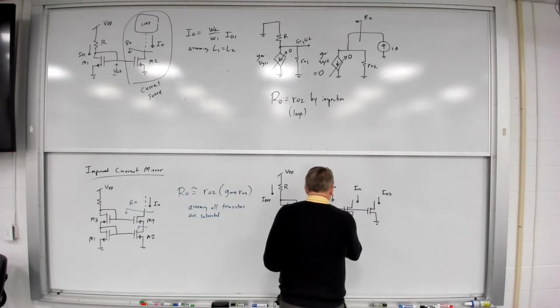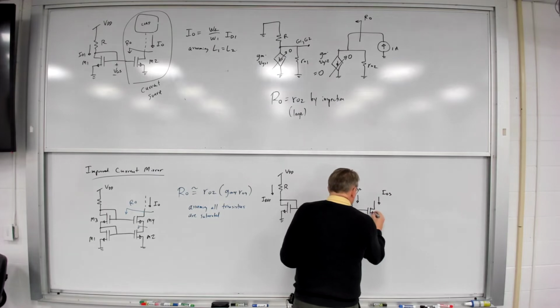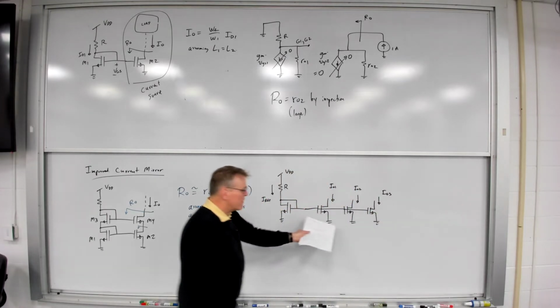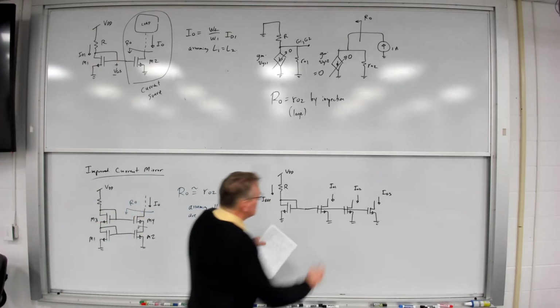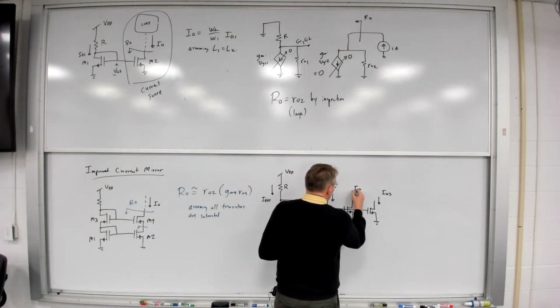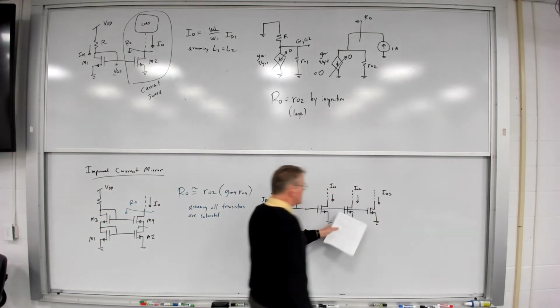What if I take 3 additional transistors and then connect them to that same gate source voltage? Each of them sinking a separate current somewhere in the circuit.